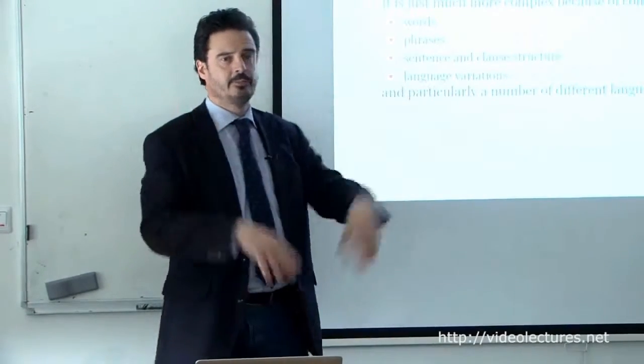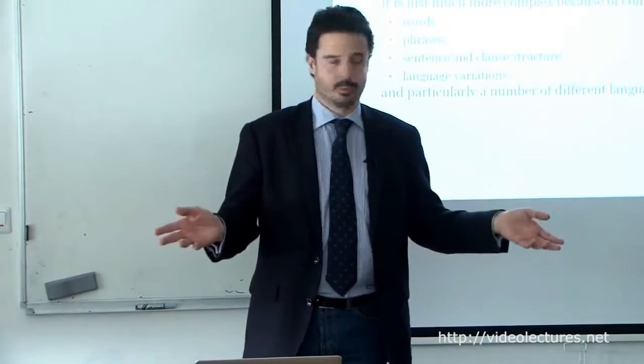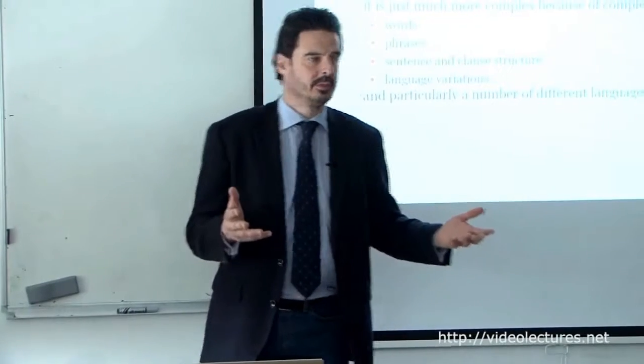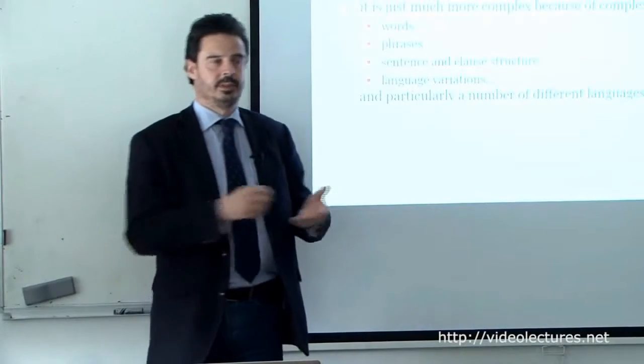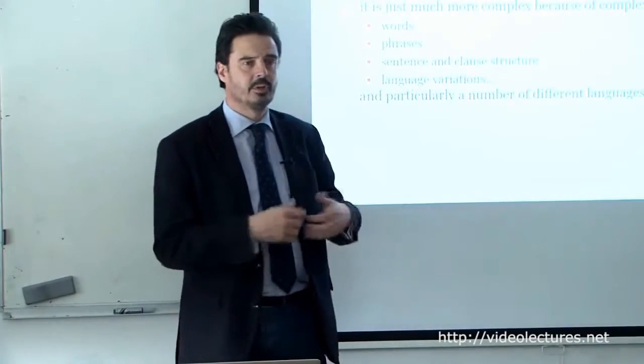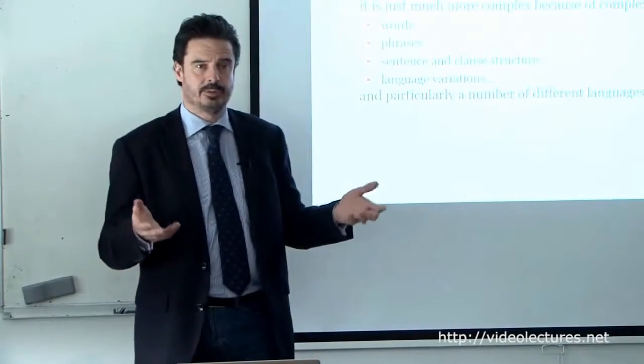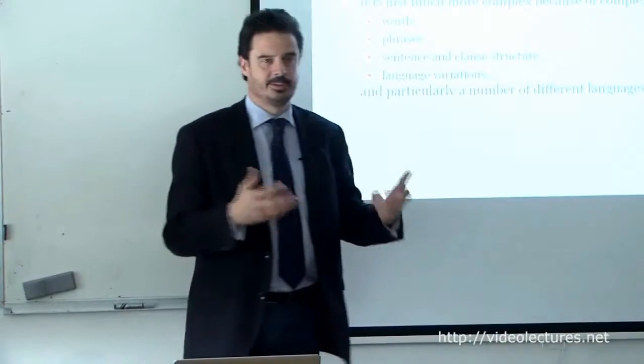And then you can multiply all that with the number of languages in the world, which is roughly estimated between 6,000 and 7,000. Okay, not all of them have literacy, not all of them have a digital literacy, but still you have several hundred languages which tend to be digitally literate.